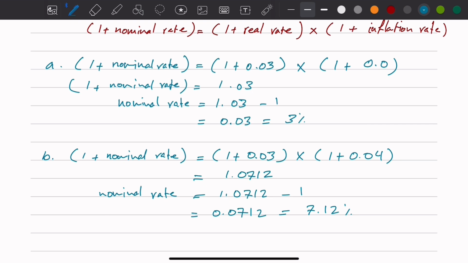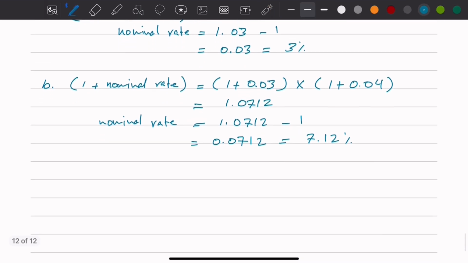Okay? So that means if inflation is expected to be at 4%, investors need to generate 7.12% in nominal rates in order to achieve a real interest rate of 3%.